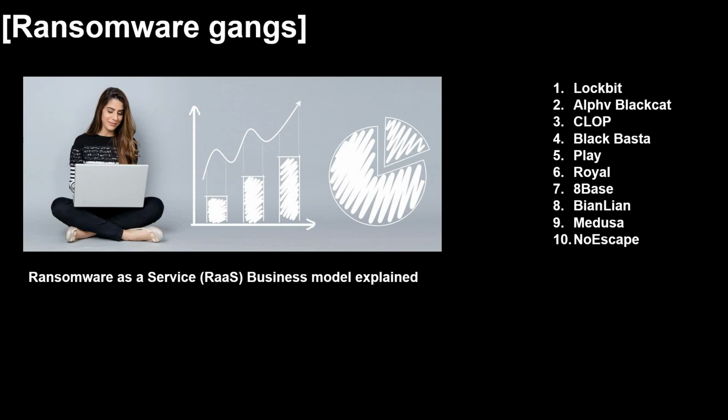Three is the Club ransomware gang. Four is Black Basta. Five, Play. Six, Royal. Seven is 8Base. Eight is BianLian. I'm not sure if I'm saying that right, but you can let me know if I did that wrong or not. Nine is Medusa, and 10 is NoEscape.